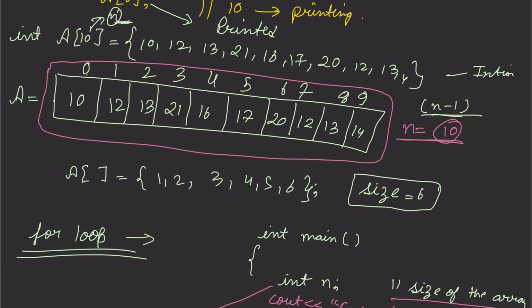Let us see. Index is at 0, we assign 10, then incremented by 1, assign 12, then again incremented by 1, assign 13, then index becomes 3, we assign 21, then incremented to 4, 16, then incremented to 5, 17, then again 6, 20.